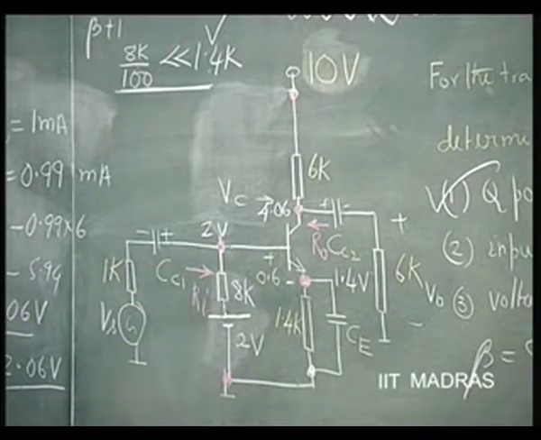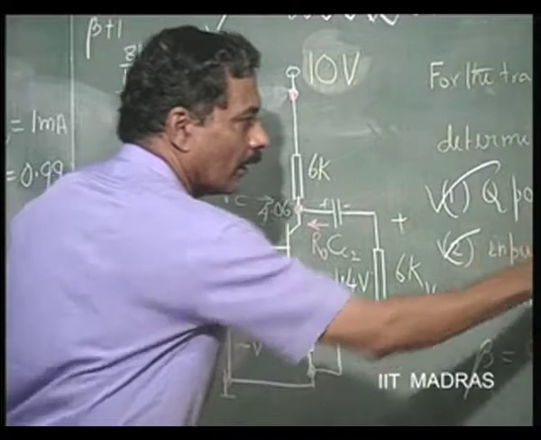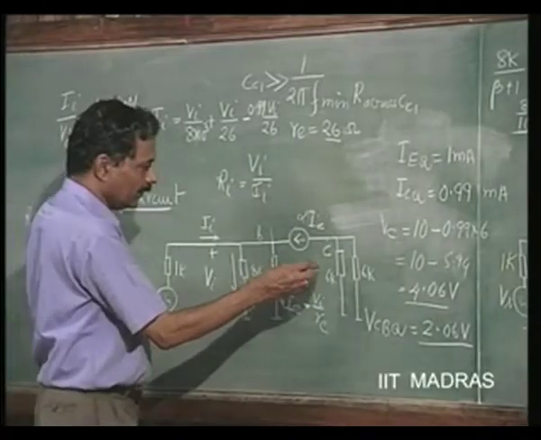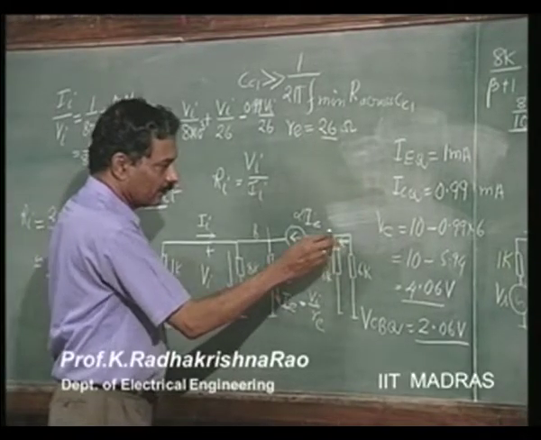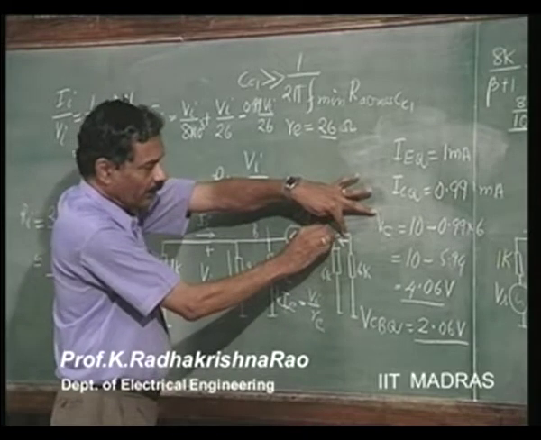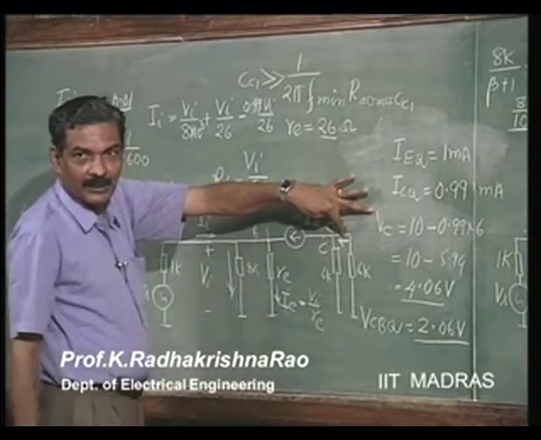Okay. So, what is now the gain? This also is over. Input resistance. Output resistance is very simple. You are looking at it from this side, that means you are looking from here, that is, this is the 6 K load and this is the collector point, looking into the collector.